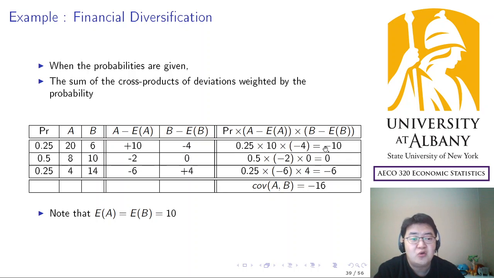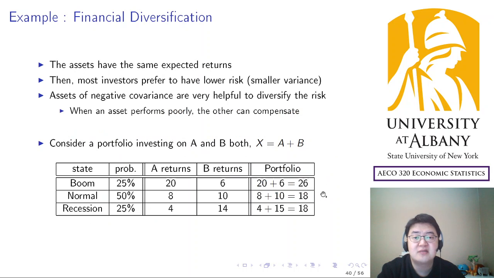So anyhow, you get -10, 0, -6, which are weighted products of deviations. Their sum is the covariance. And the covariance is simply -16 between A and B.